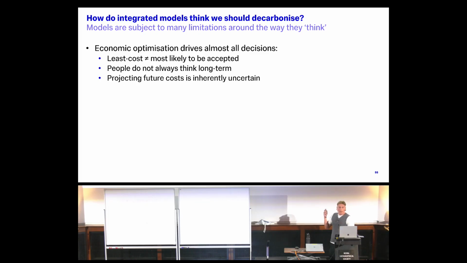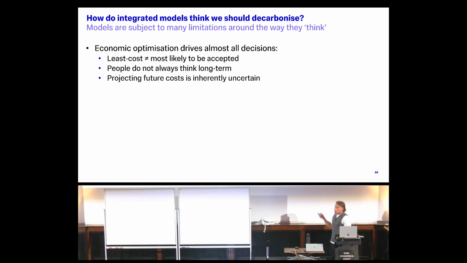Take the UK government at the last election, for example, the turn on net zero. We're going to remove the ban on internal combustion engines or push it back, and so on and so forth. Governments change, people change, and these things aren't captured well inside scenarios. People often make myopic decisions.